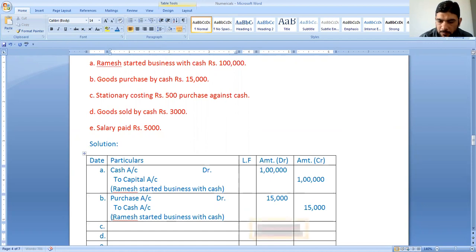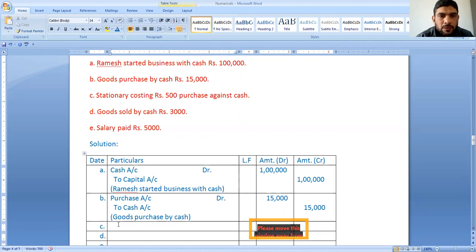And the narration will be goods purchased by cash.